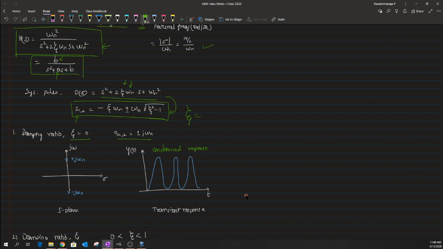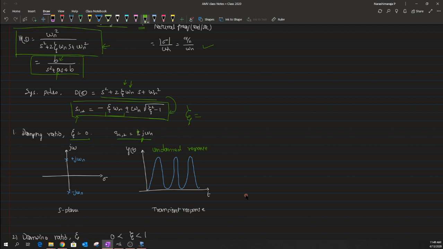It's a pretty straightforward substitution of zeta being equal to 0, which makes the real quantity 0, and the square root of minus 1 gives us this j factor over here. Due to which we have two poles, and these two poles will appear exactly on the j omega axis in the S plane.